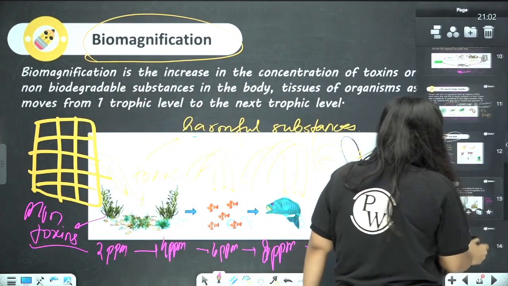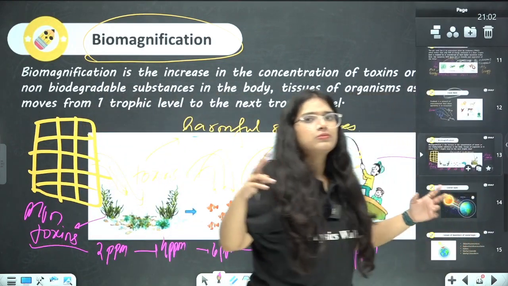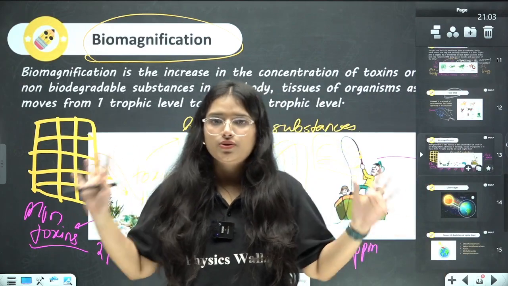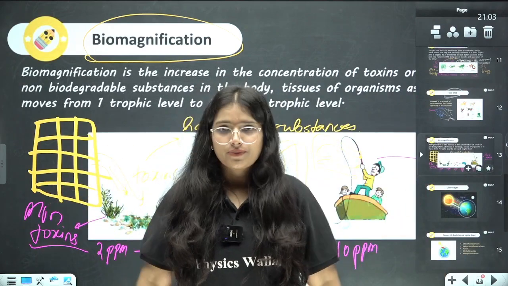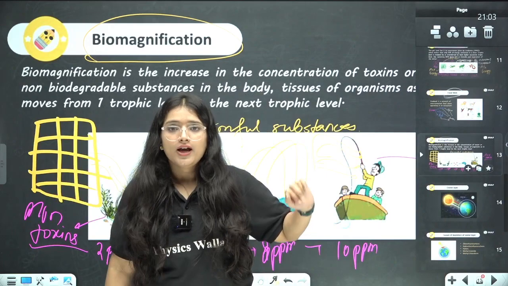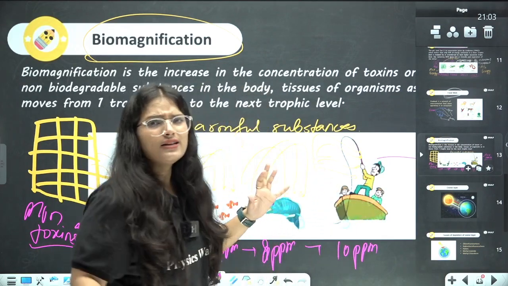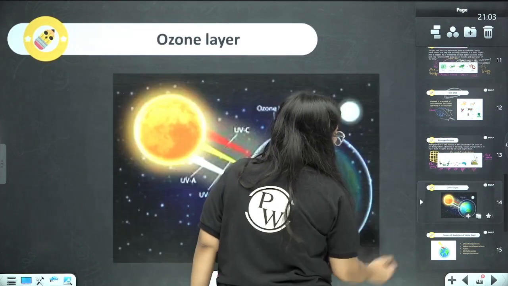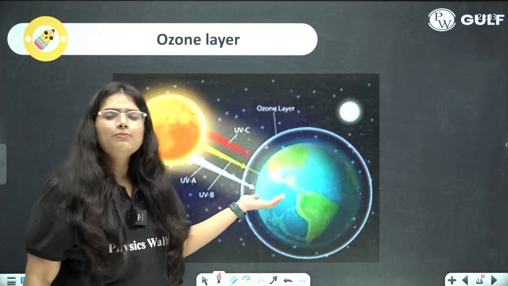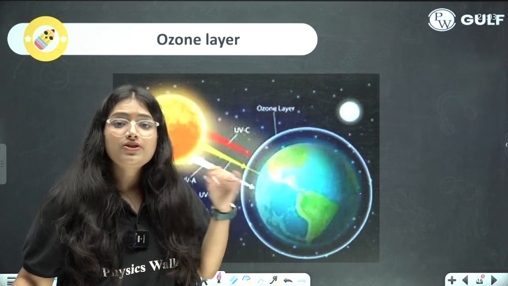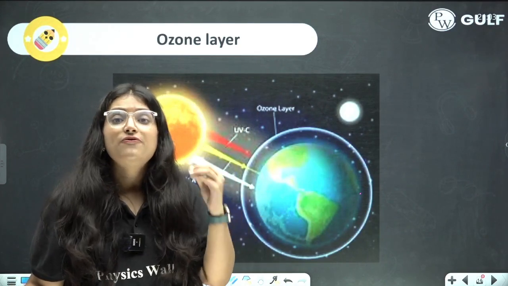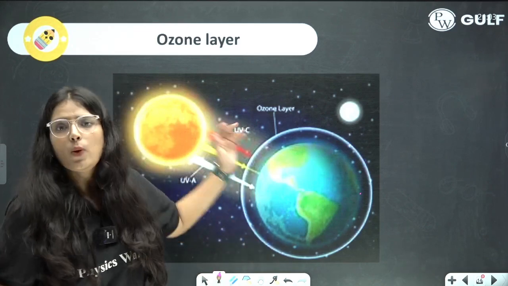Okay, now we have to talk about two accidents that could happen on the earth. So have you guys heard of ozone? Ozone is important for us or not? Of course, ozone is very important for us. Why?